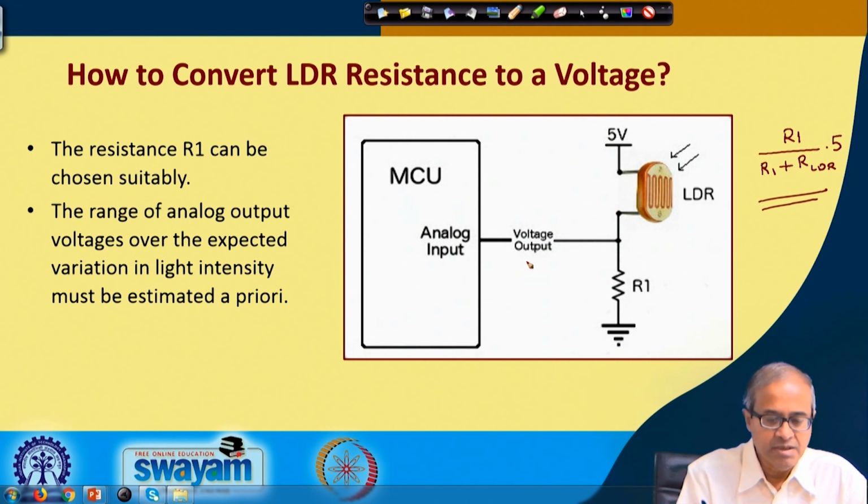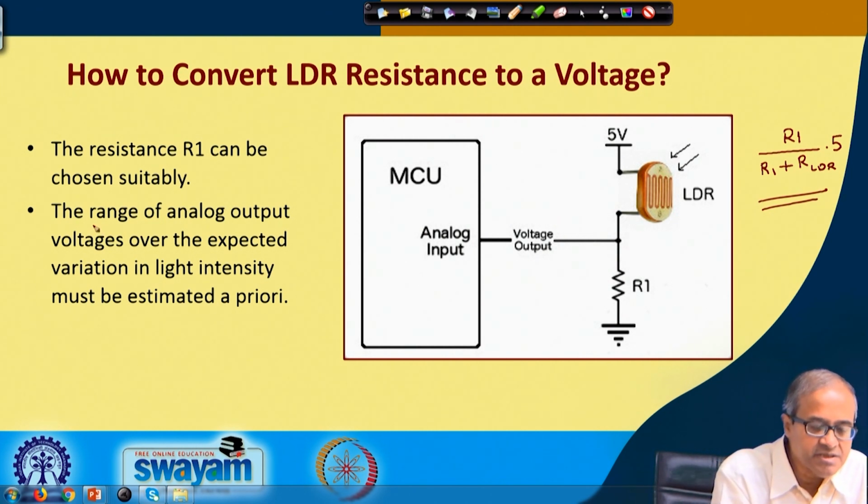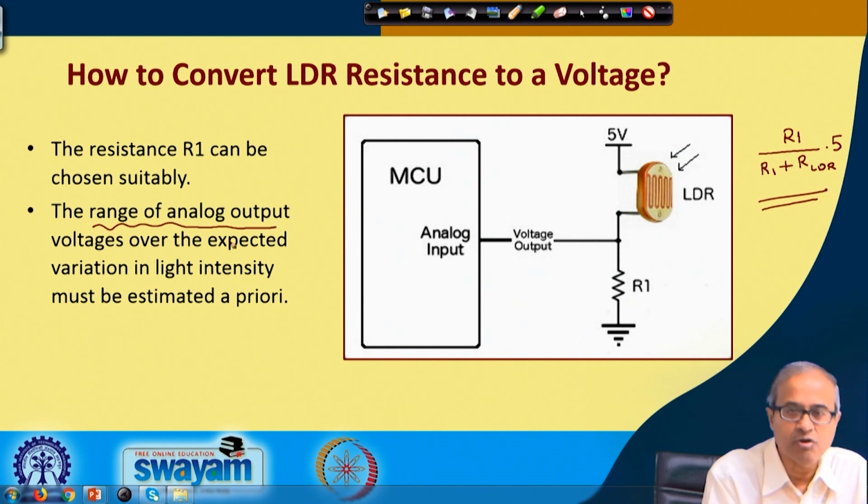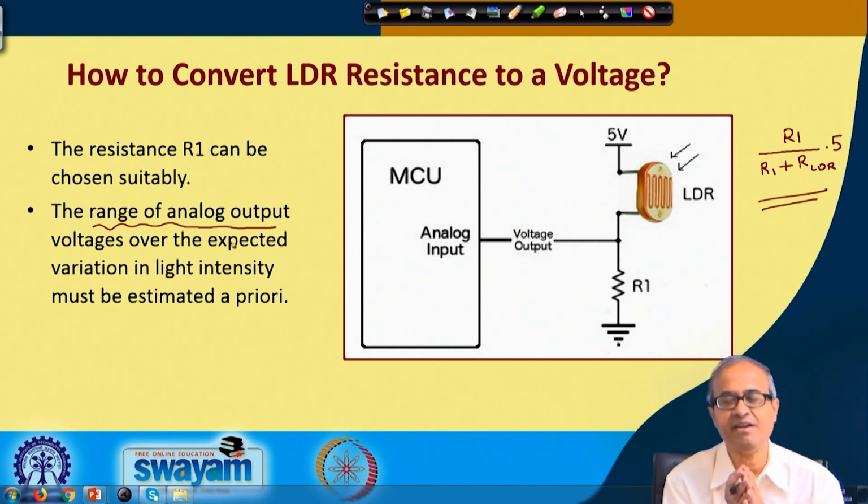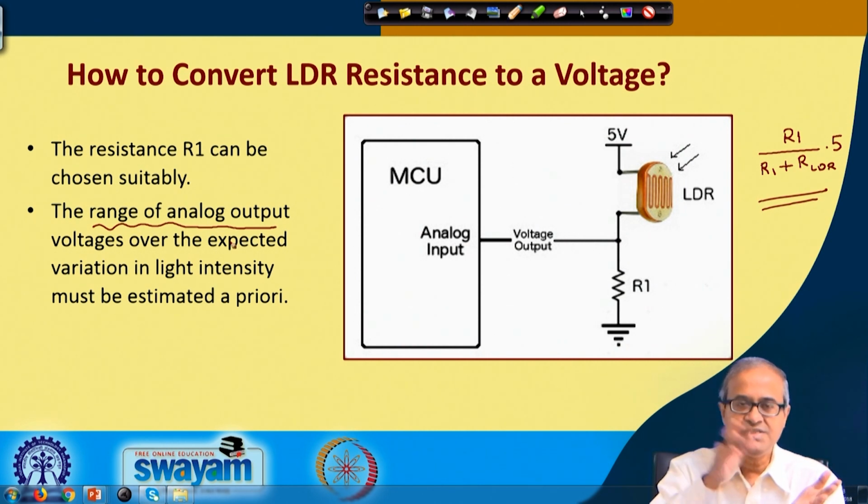So, you will have to first find out the range of analog output voltage in the expected environment. Let us say you may be using the LDR to check whether the light intensity has fallen below a threshold. So, you will have to do an experiment and find out what the resistance values are in the dark state and in the light state.